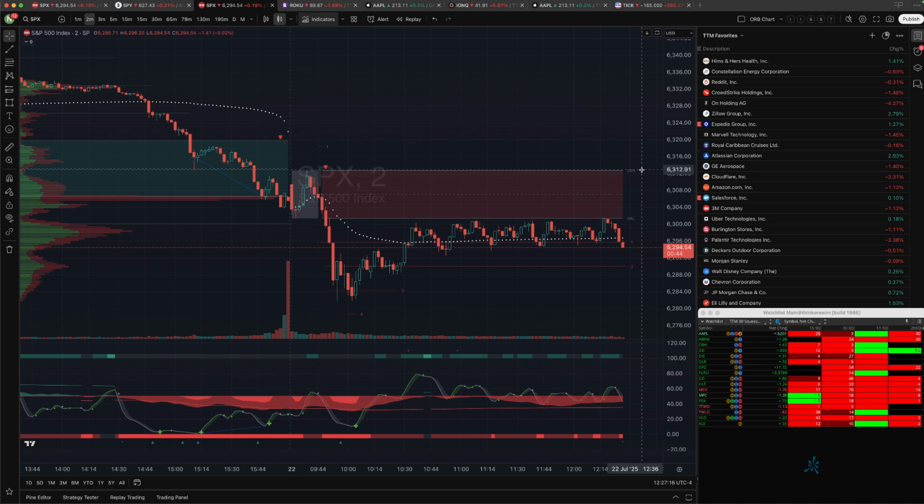RJ Duel asks, would I do a put credit spread on the SPX right now at 90 cents? What's the edge? What edge are you looking for? 62.80. 62.85.